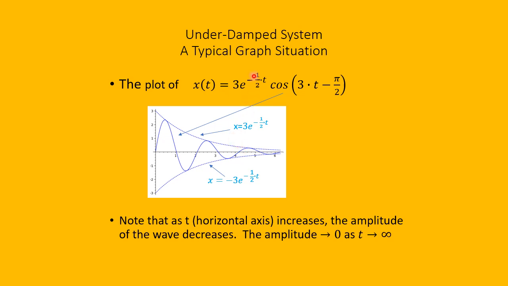So 3e to the minus half t cosine of this stuff is a curve that is between those two exponential curves. Since those two exponential curves die off to 0 as t goes to infinity, this oscillating curve has amplitudes that also go to 0 as t goes to infinity.